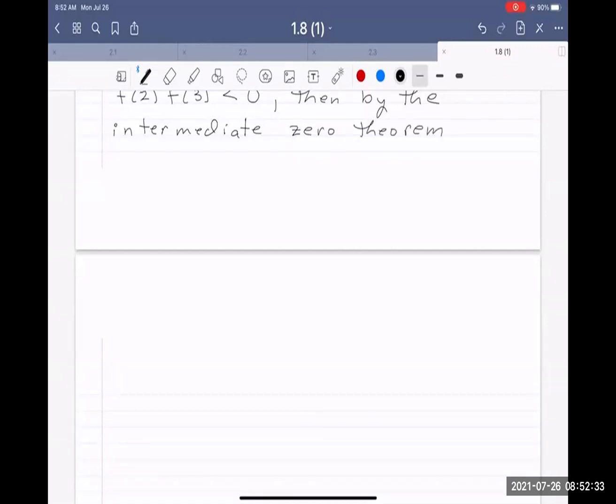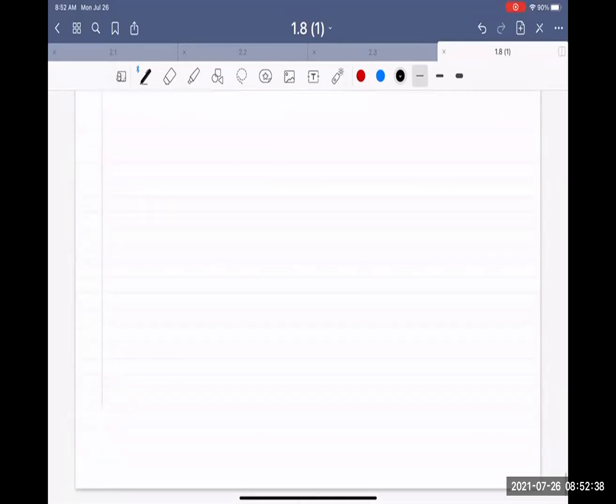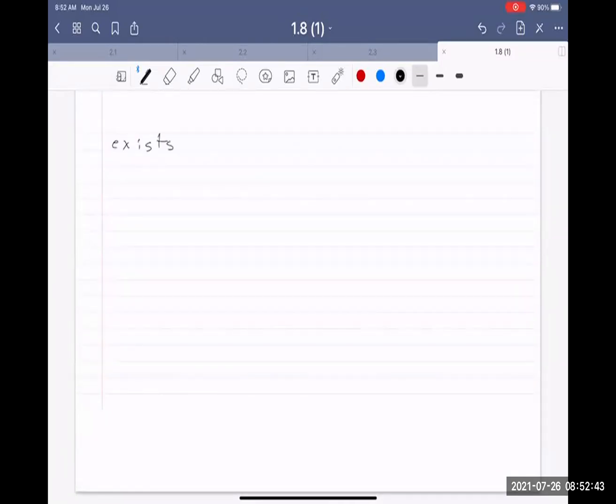there exists at least one C, I'll call it X. There exists some X in the open interval 2, 3, such that f of x is equal to 0.